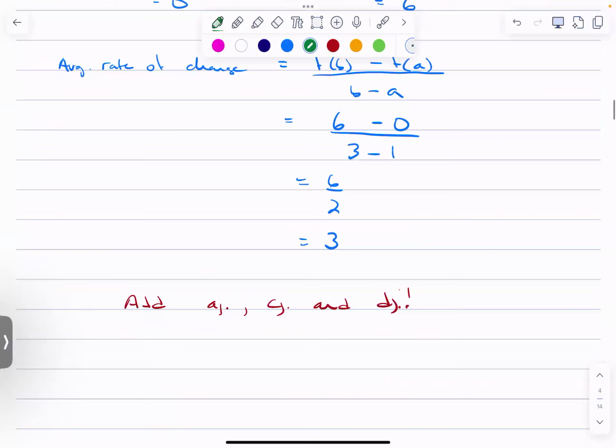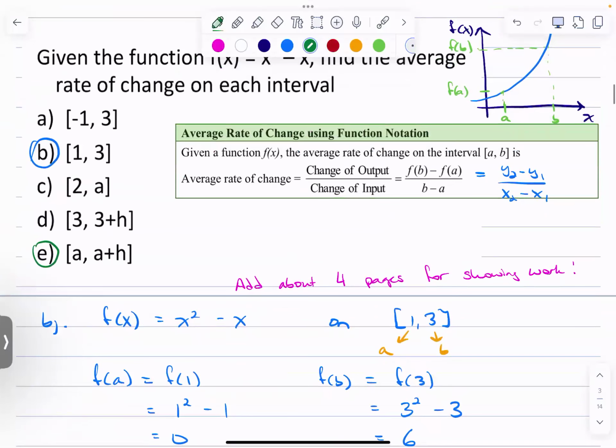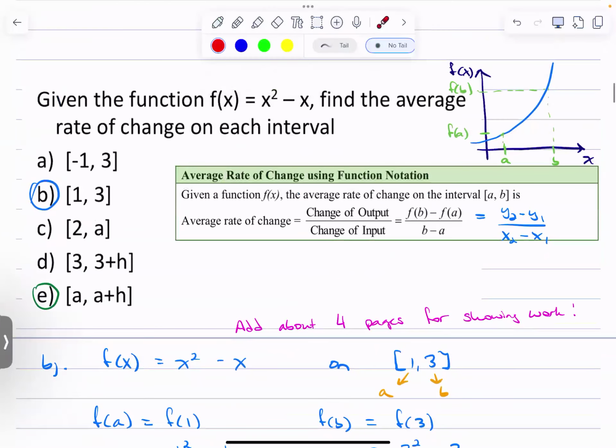Because for E, I want to find the average rate of change on the interval from A to A plus H. And if you've done any sort of calculus, this is probably ringing a bell.